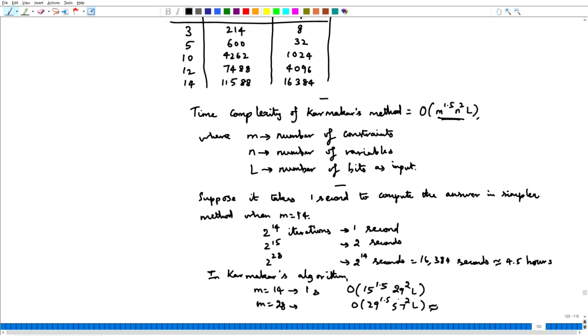So, it is 2 power 1.5 and here also it is roughly 2. So, it is 2 power 3.5 times O of 15 power 1.5 29 squared into L. What is 2 power 3.5? It is 8 into square root of 2, which is about 11.2.